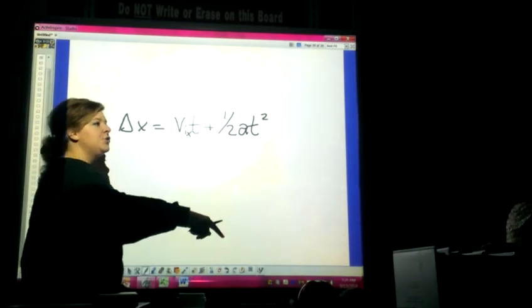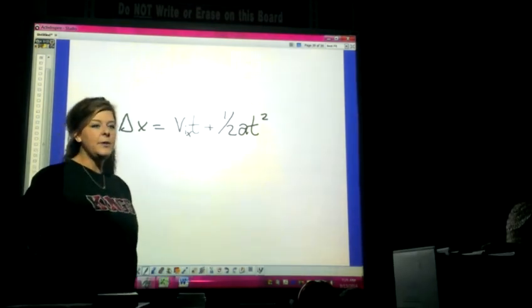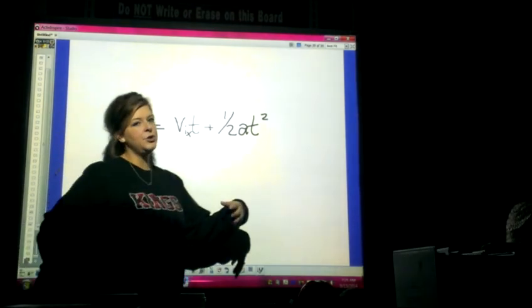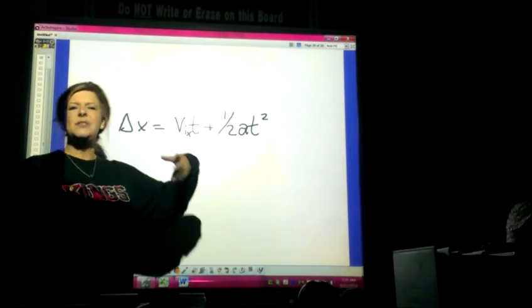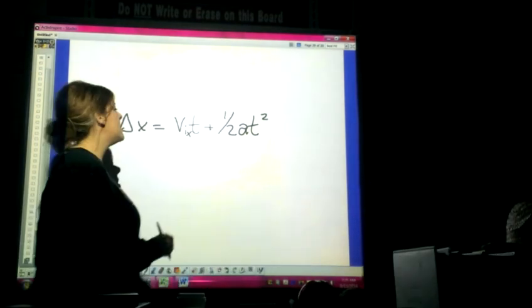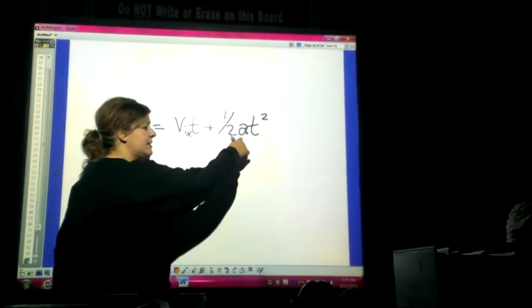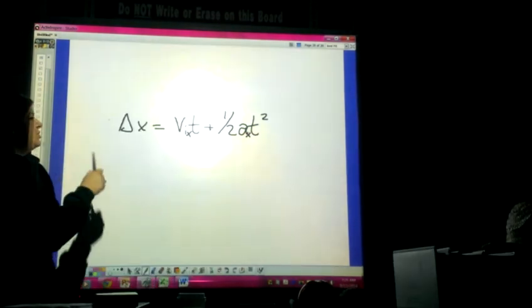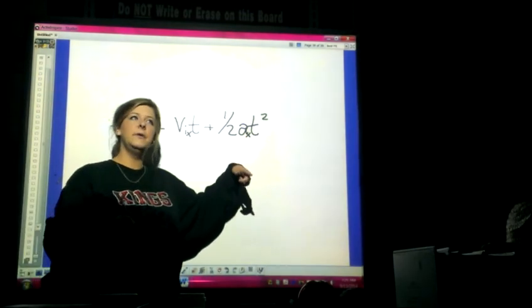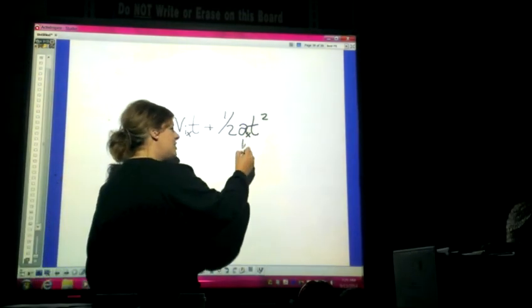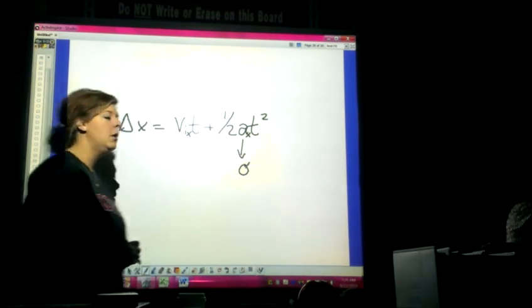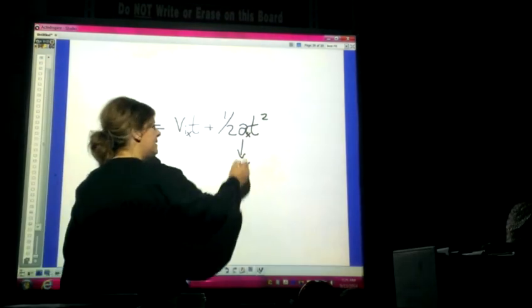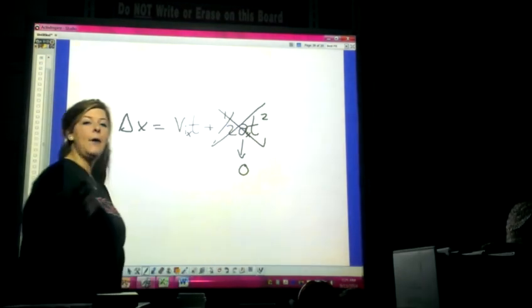We said that in the x direction, it's not accelerated, because only the acceleration due to gravity is going to do something to the y component of velocity. So the acceleration in the x direction, I'm going to write that x there to represent specifically the acceleration in the x direction, is 0. If that is 0, this whole term is now out.